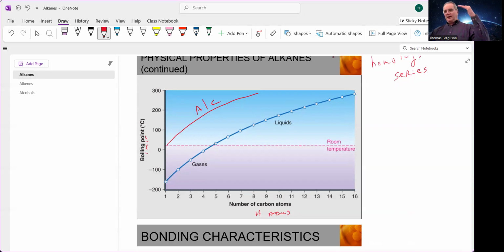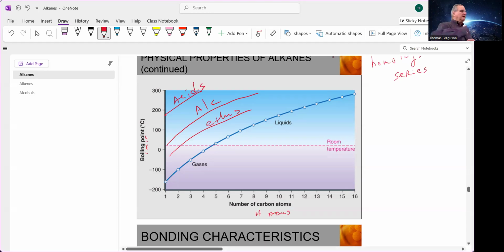Hence, the boiling point is going to be higher. And as the number of carbons increase, the boiling point also goes up. And then we're going to find there are ethers and acids. So we're going to find a whole series of these graphs as we progress through this course.